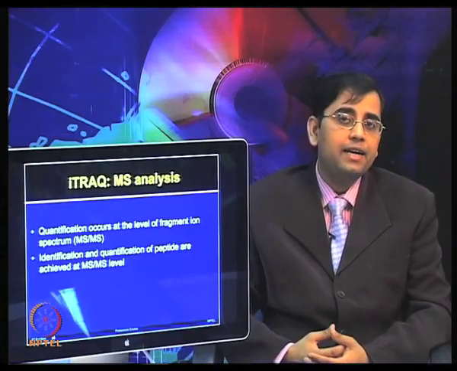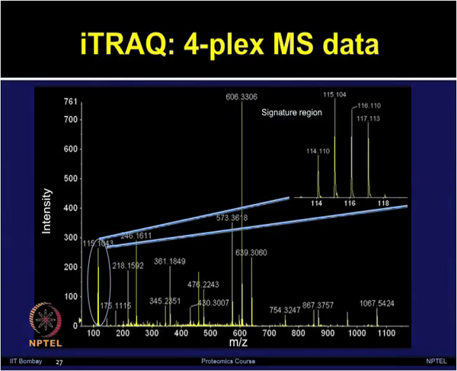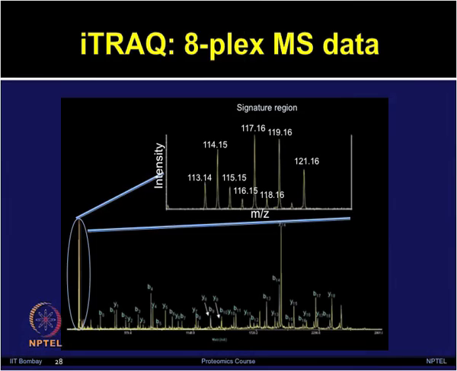So, this is a representative spectrum for the 4-plex iTRAQ experiment. The MS data is shown, and the MS/MS spectrum is showing the reporter region, the signature of these 4-plex iTRAQ labeled peptides: 114, 115, 116 and 117. Now, we will have a look at the 8-plex MS data.